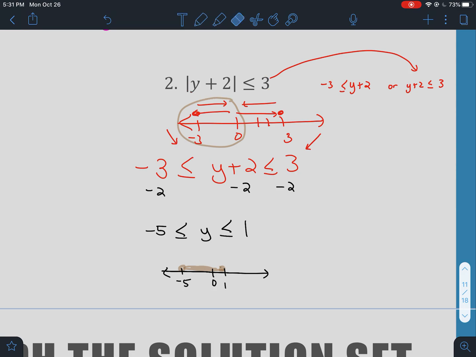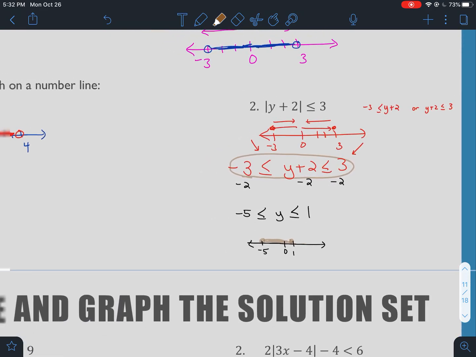So again, originally I want y plus 2, that expression, to be less than or equal to 3 away from 0 on the number line. So I need that expression to be in between negative 3 and positive 3 on the number line. So to write that it's in between negative 3 and positive 3 on the number line, we would have this expression. Y is sandwiched in between negative 3 and positive 3. And then you can just solve from there.